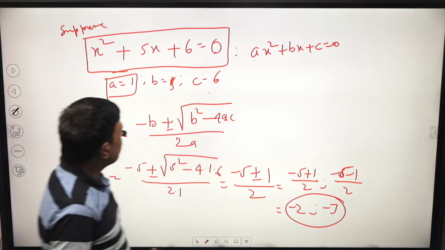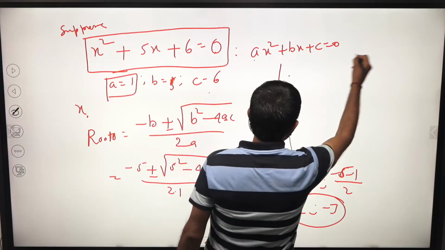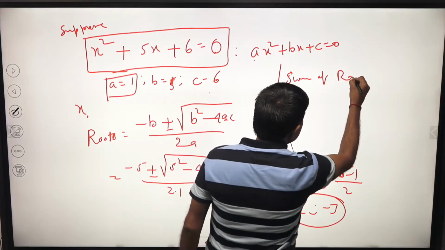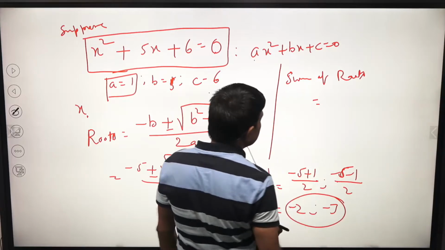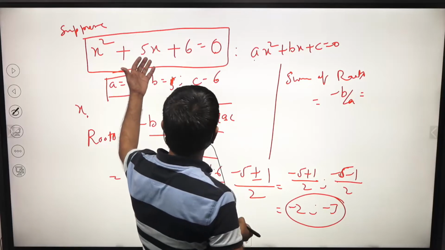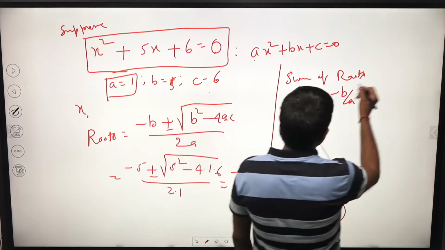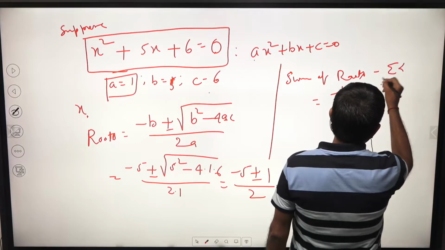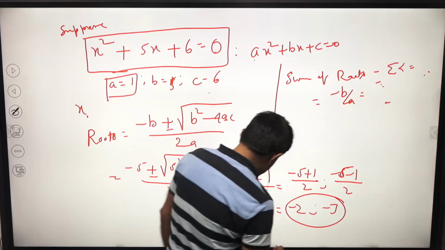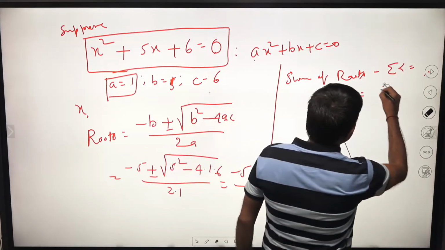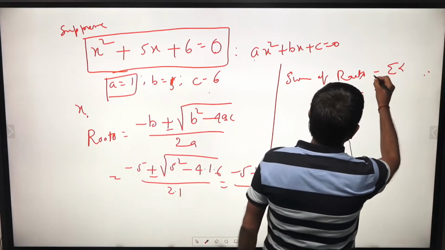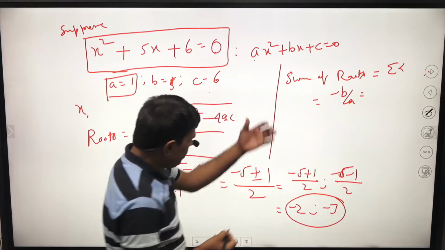So the sum of roots according to the formula, what will the sum of roots be? The sum of roots means minus b by a. This is the single roots, also written as sigma alpha, that is minus b by a.